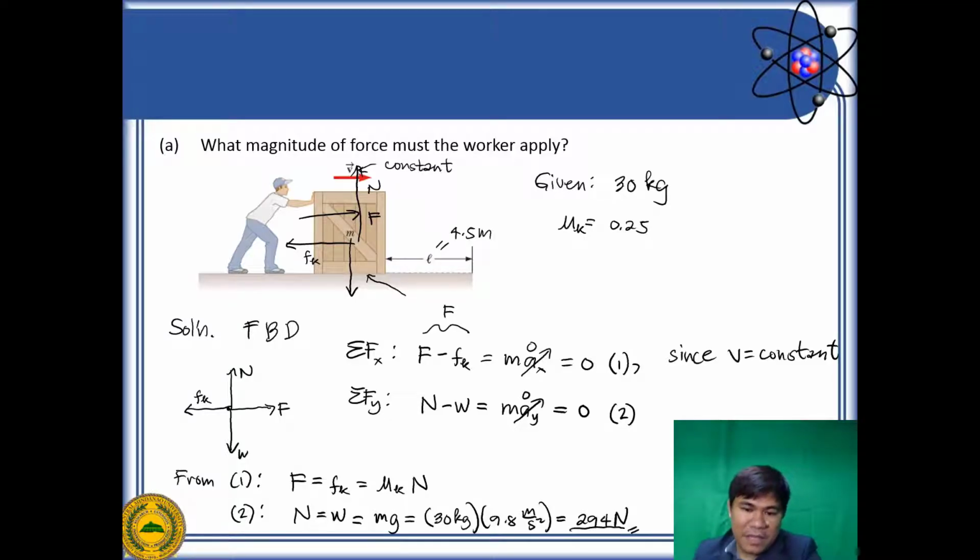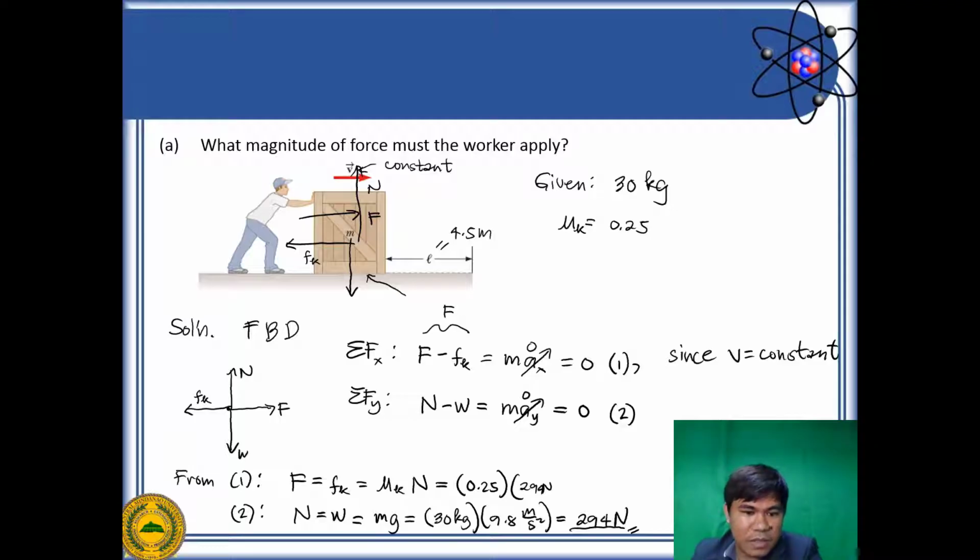Now, having this, we can immediately solve for the force F, and take note that is the question of part A. Since mu k is given, we substitute the value of mu k: 0.25 times 294 Newtons.